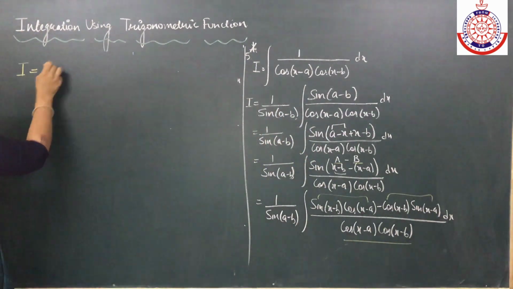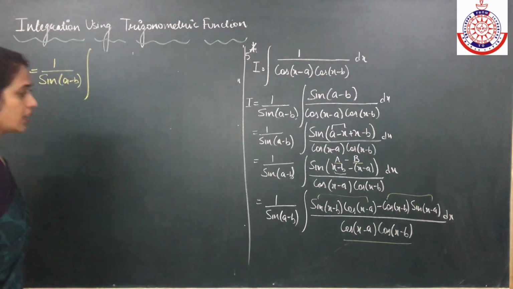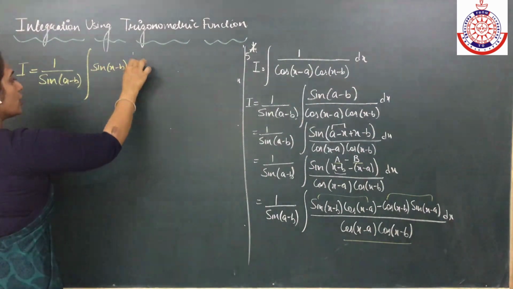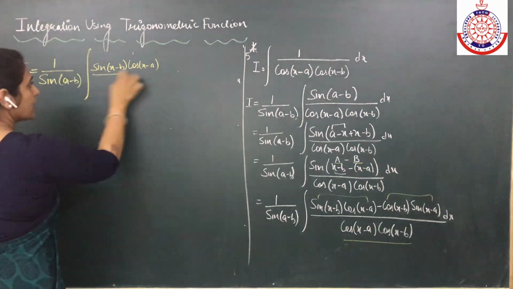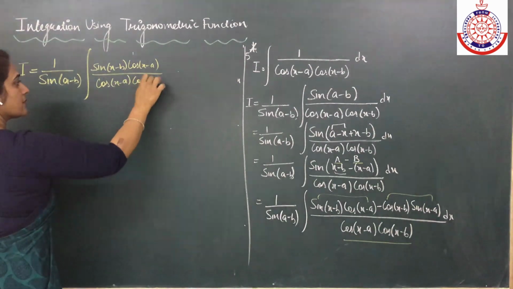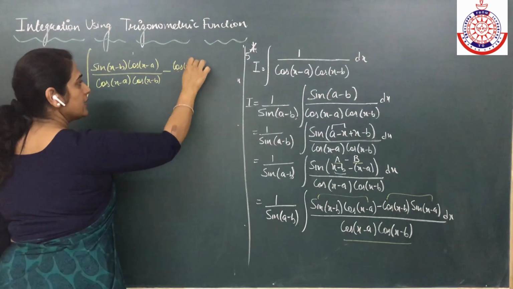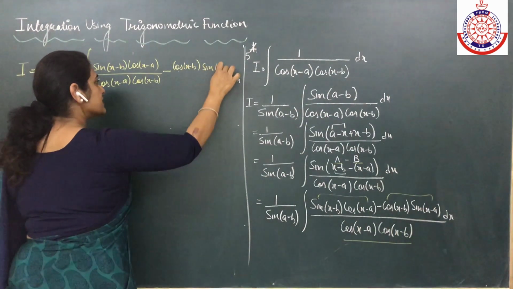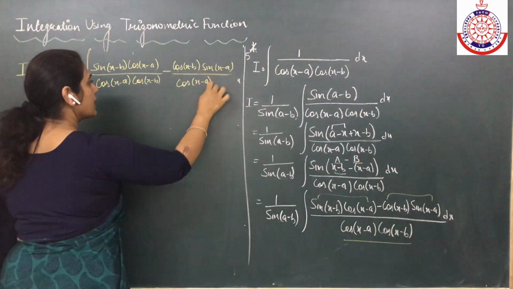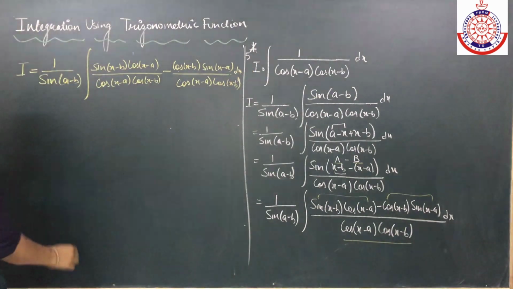So it will be sine x minus b cos x minus a upon, and minus cos x minus b sine x minus a upon cos x minus a cos x minus b dx. So same terms I can cancel.